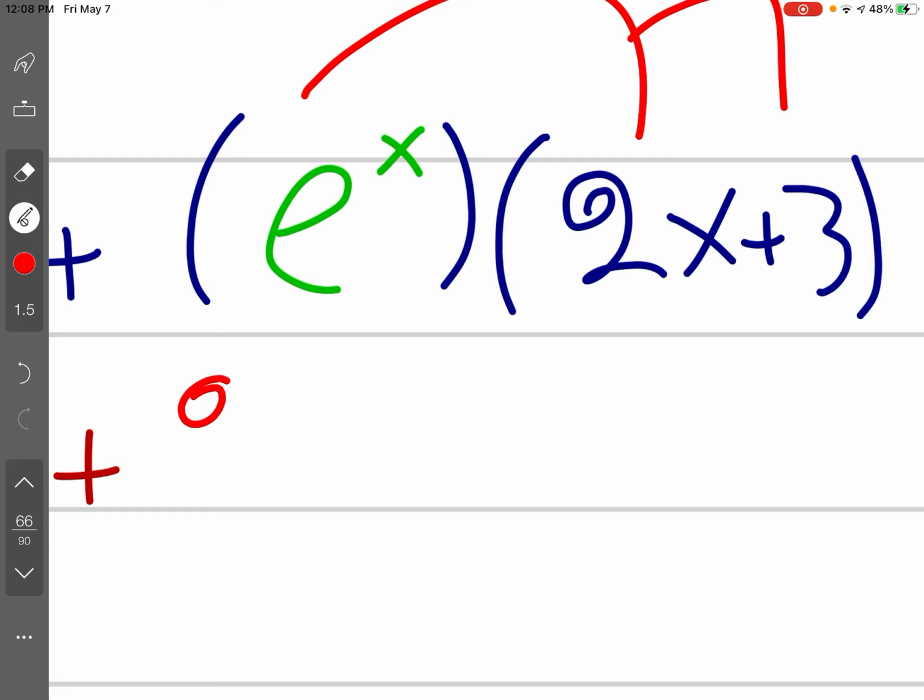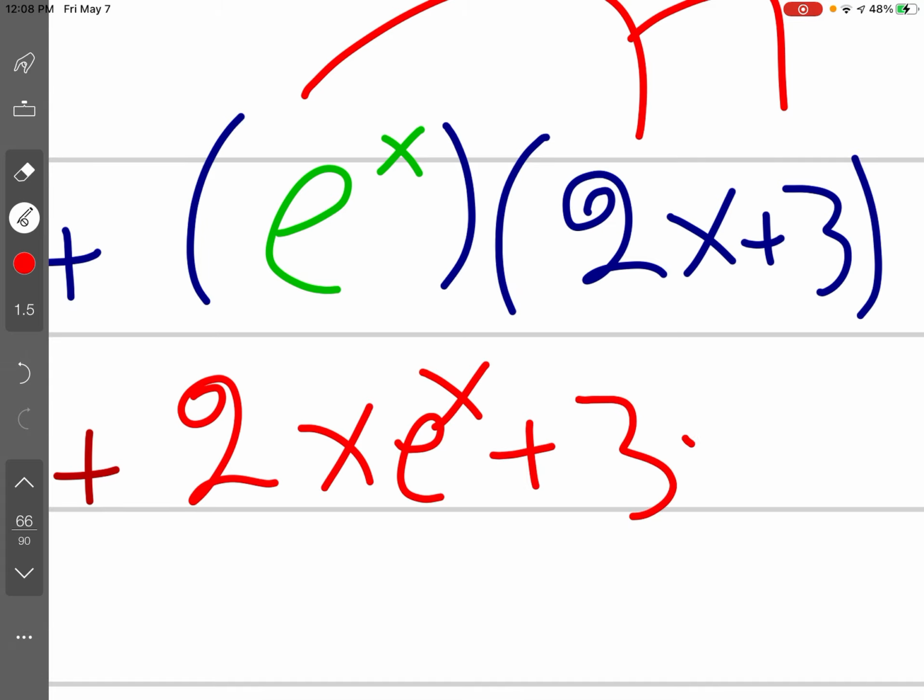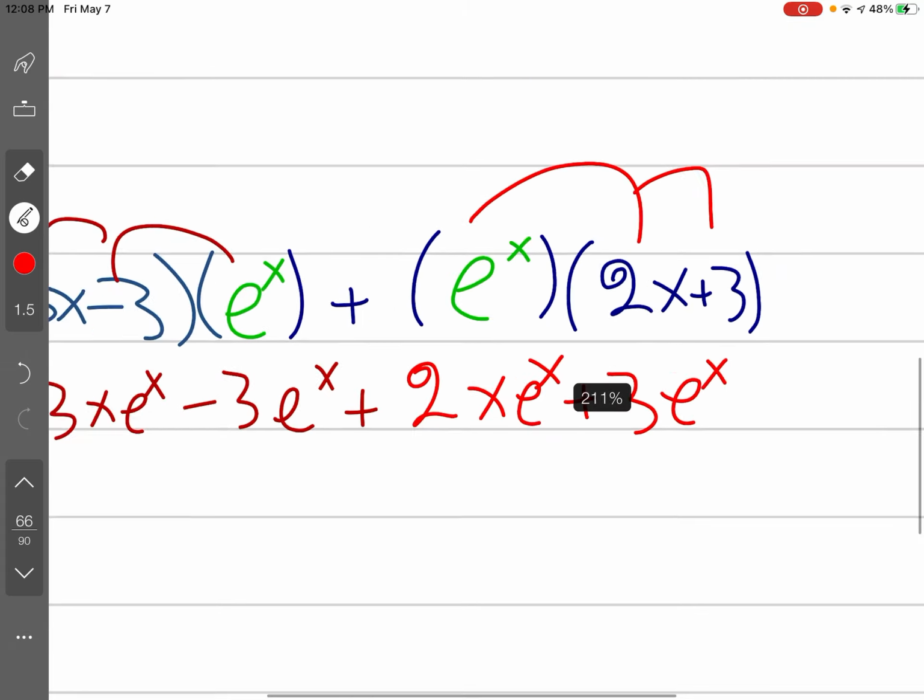So now I have 2x e to the x power, hold on, my bad, 2x e to the x power plus 3 e to the x power.